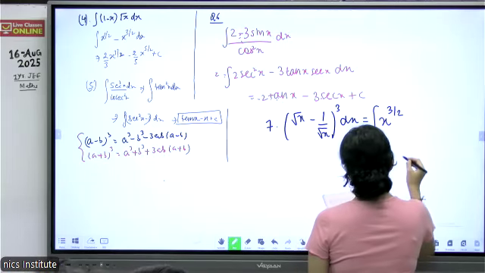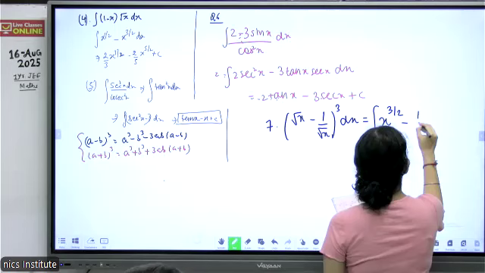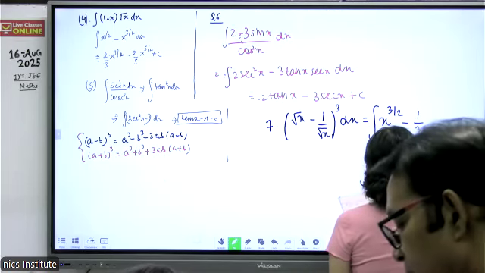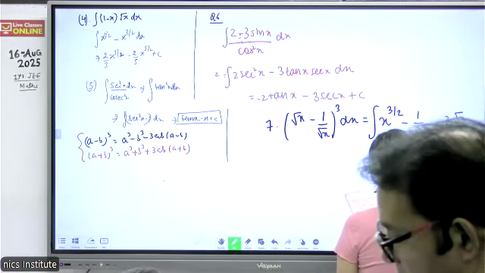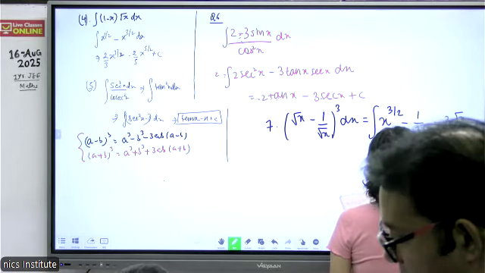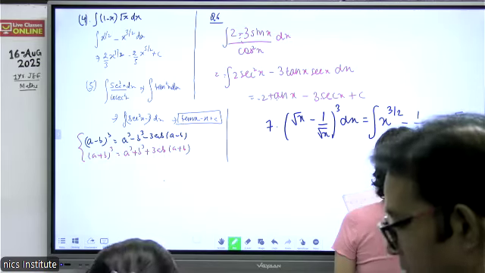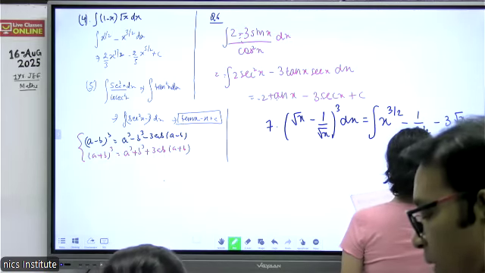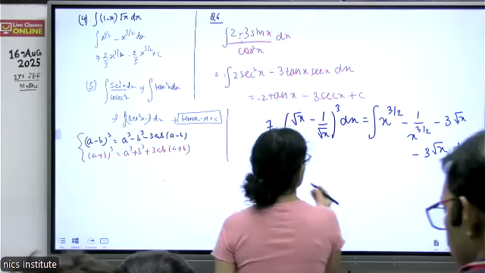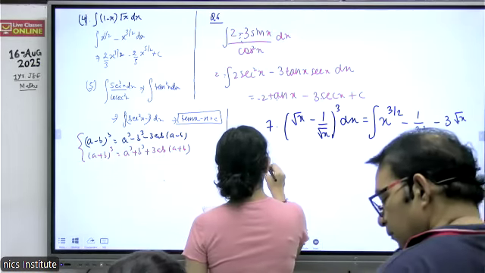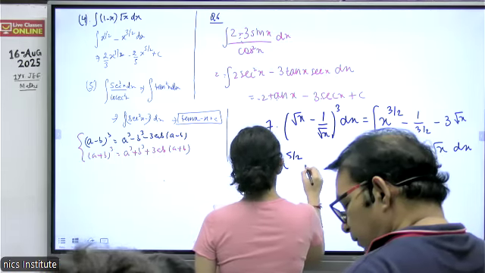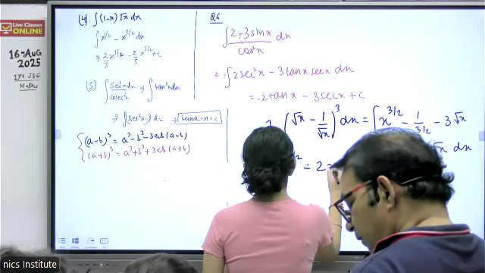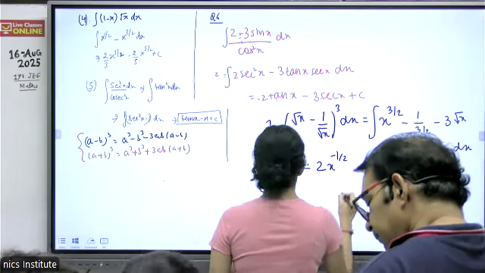Bring it in the numerator. Integration of a to the power x is a to the power x by log a. So a by b to the power x by log a by b. It will become half, this is 1. 1 minus half is half. Hmm.